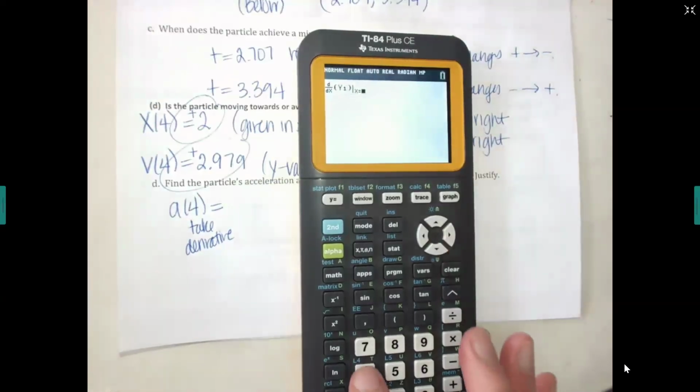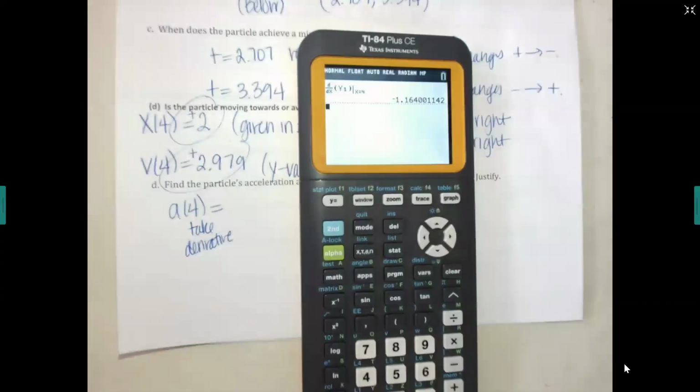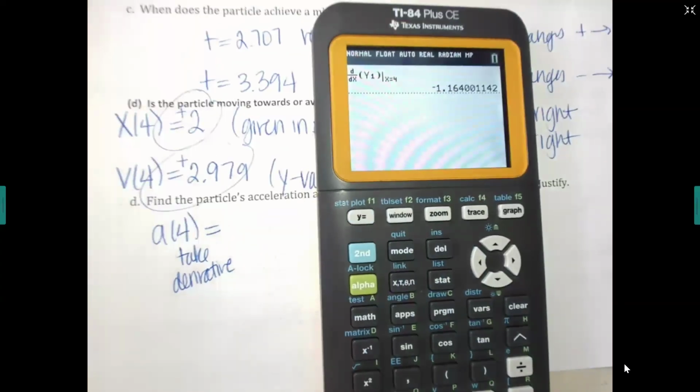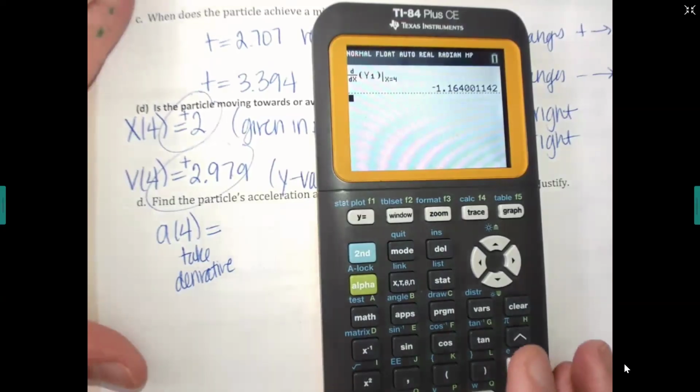So in this box, I'm going to put a 4. So it should be d/dx, and then you're putting the X in. And then alpha trace Y1 in the big box. And then a 4 as the X value that you want the derivative at. Okay, so that is calculating the exact slope of that graph at 4. So we got negative 1.164.